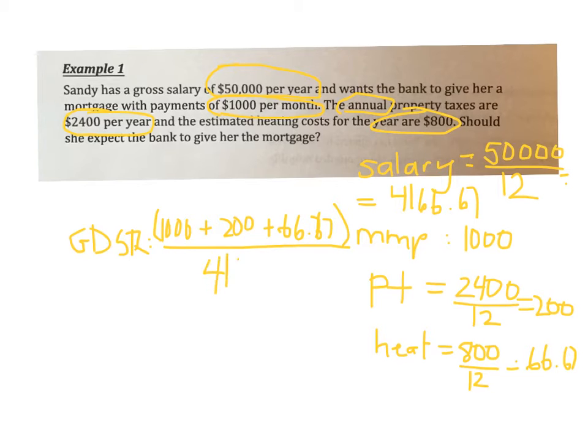And then we're dividing by the salary and then multiplying by 100. So 1,000 plus 200 plus 66.67 is 1266.67, and then I'm going to divide that by 4166.67.